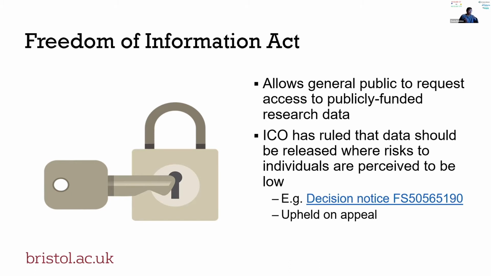The issue was that Queen Mary University declined the request on a number of grounds, one of which was the perceived disclosure risk to the participants. When it came to the Information Commissioner's Office, they ruled that the data should actually be released because they felt the disclosure risk was low. This went to appeal, and that decision was upheld on appeal, and the data was in fact released.